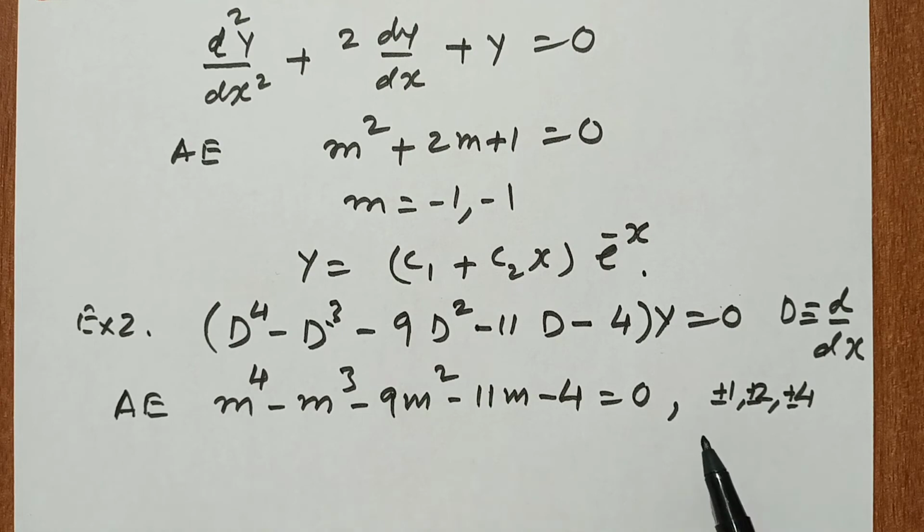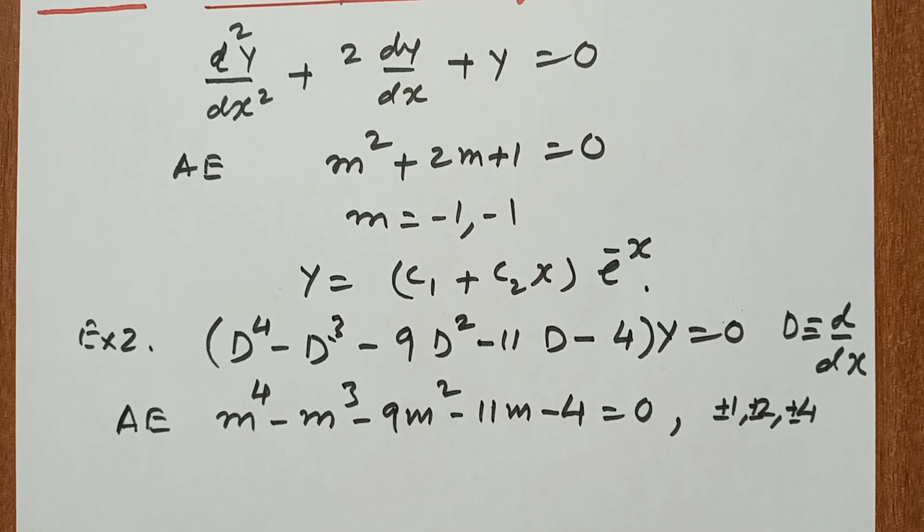Minus 1 we will check next. If you put minus 1, the even powers are plus: minus 9, minus 4 gives minus 13, and plus 1 plus 9 is 10, plus 3 gives 13. So minus 13 plus 13 is 0. It means m is equal to minus 1 is a root.